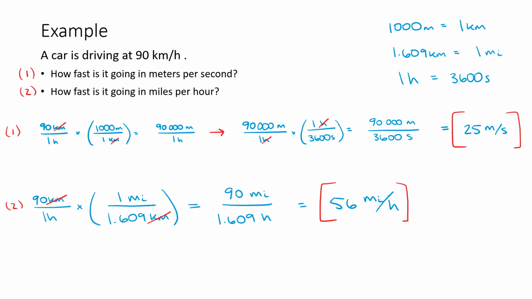Okay, so there are 1,000 meters in 1 kilometer. Let's do this one first. Let's say times, make a big parentheses. I don't want kilometers, I want meters. So how do I get rid of this unit? I will take the value with this unit and put it on the bottom. So there's 1 kilometer in 1,000 meters.